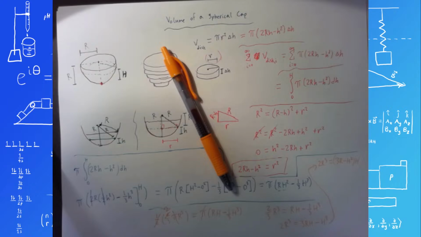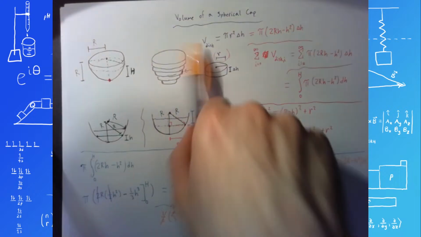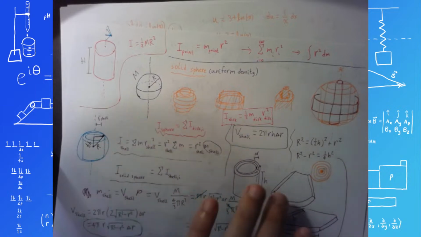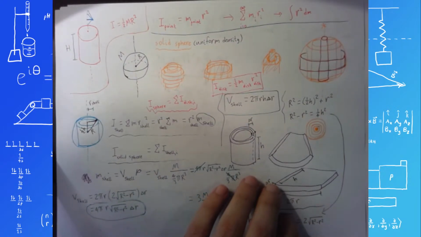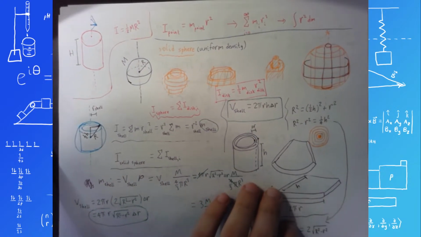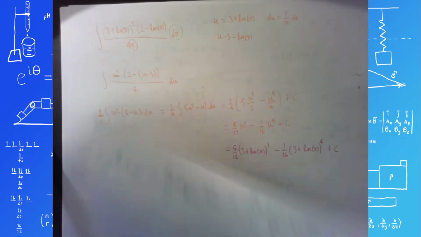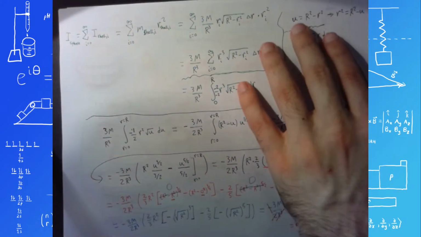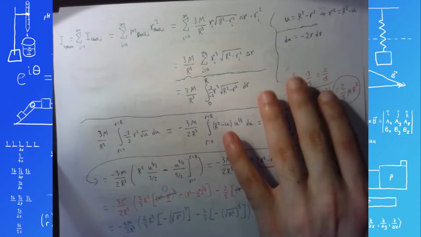I'm not sure what I'll be covering next time. Maybe we'll go back and do this again using the disk method instead of the cylindrical shell method to see that we get the same results. And maybe I will go over like a quick example.